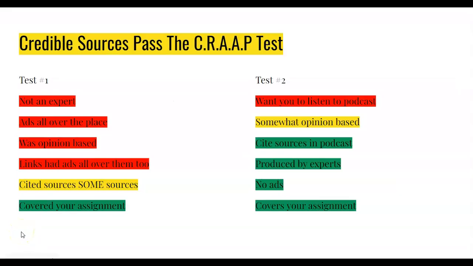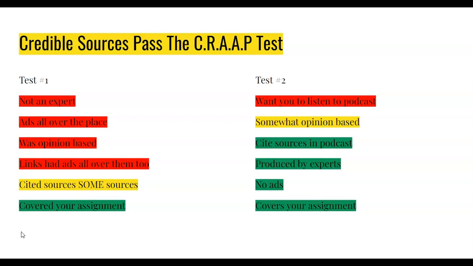Here's a quick side-by-side comparison of the 2 sources that we've discovered. In test number 1, the hockey article, it was not written by an expert. There were ads on the web page. It was opinion-based. The links had ads all over them as well, though they did cite some sources, and it did meet the needs of your assignment.